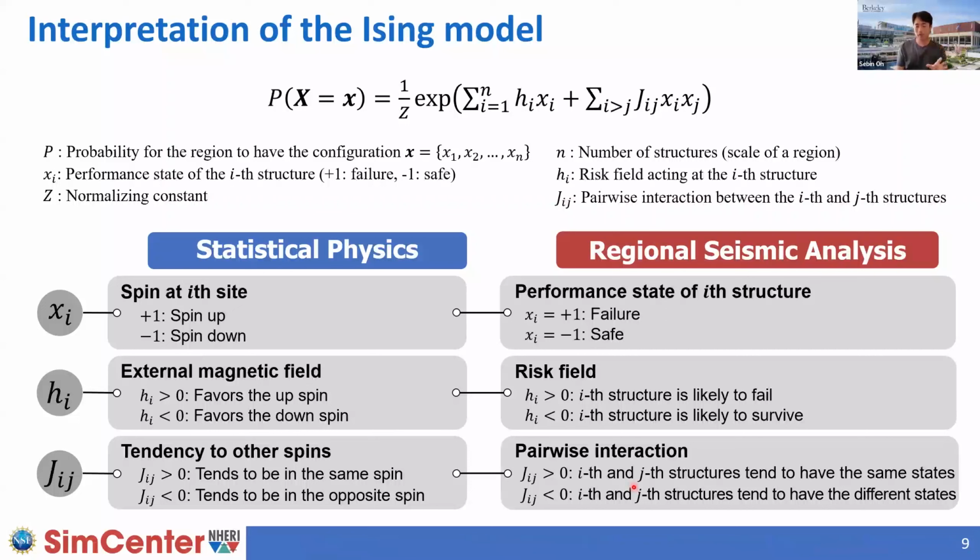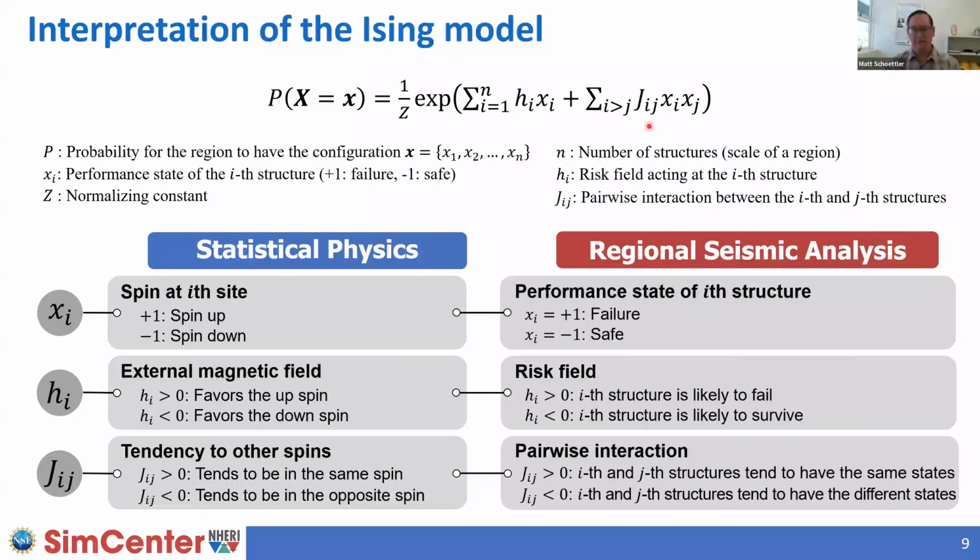Those have their statistical meaning, but they cannot be used when you want to interpret or deeply understand the original response itself. But if you use the Ising model, because H and J have their own physical meaning, you can understand what's going on in this region by looking at the change of H and J values.